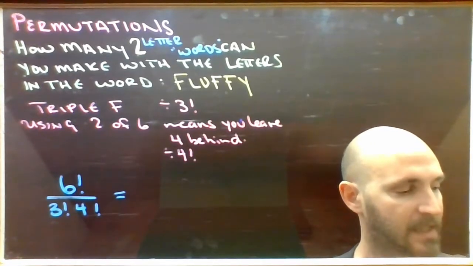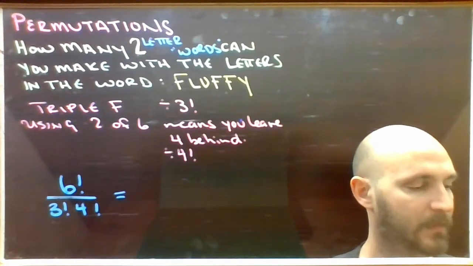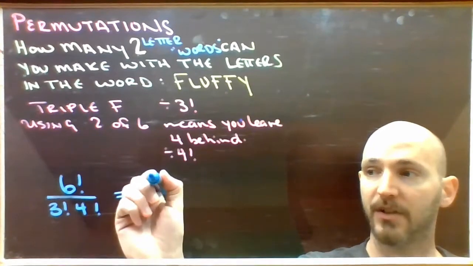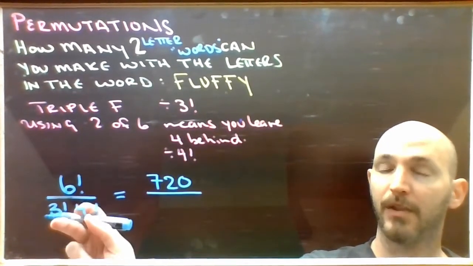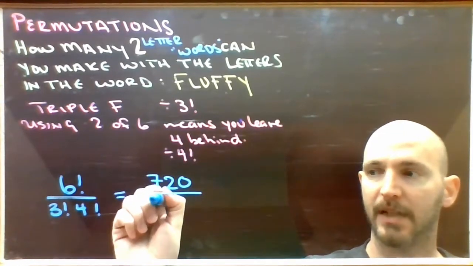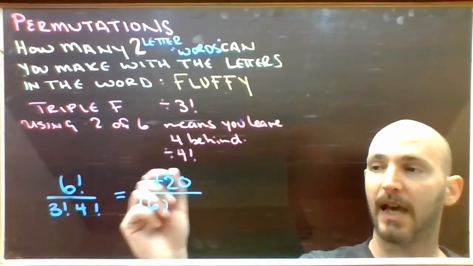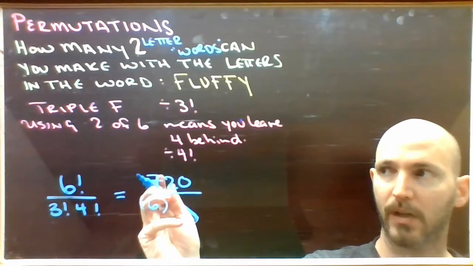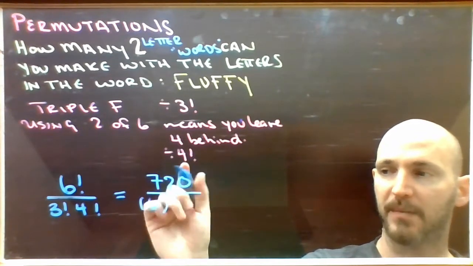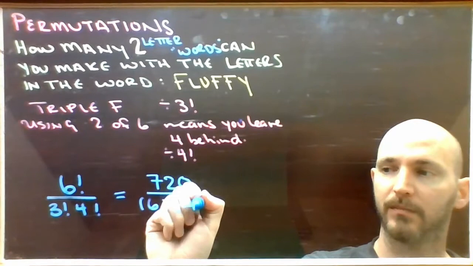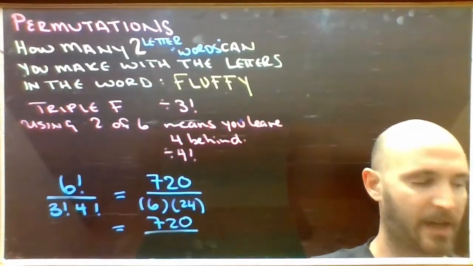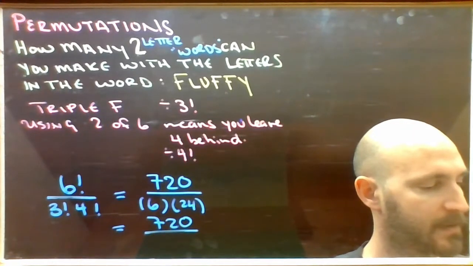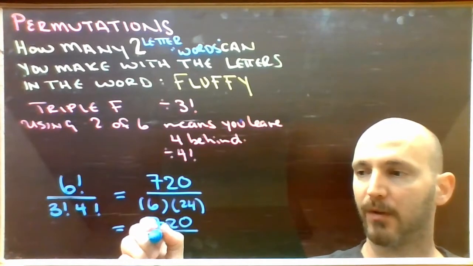Well, 6 factorial is 720. 3 factorial, 3 times 2, is 6. And 4 factorial is 4 times 3 times 2 times 1, which is 24. Which gives me 720 divided by 6 times 24, which is 144.